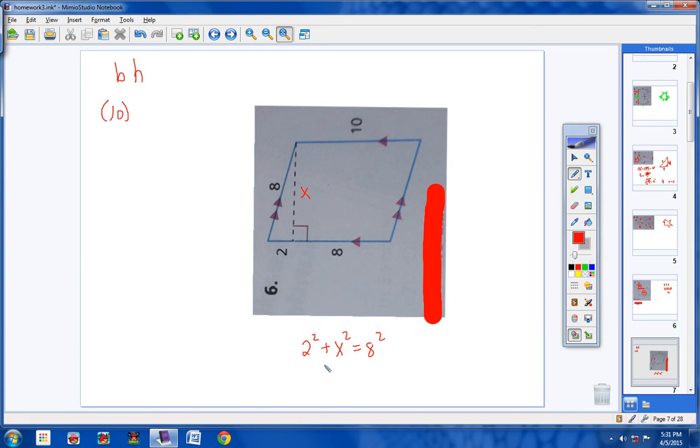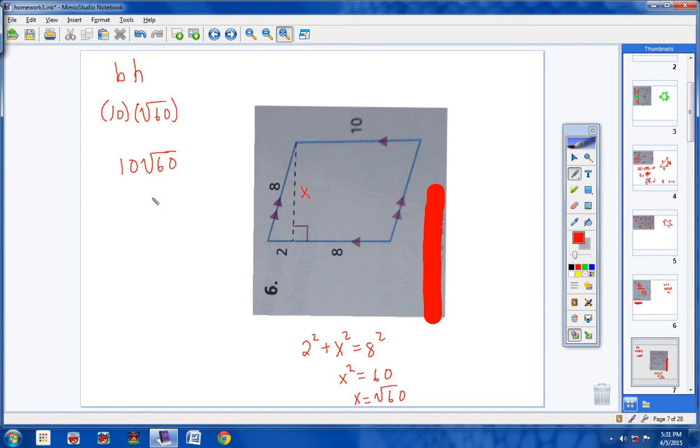So I would get x squared equals 60. Square root of both sides. And we get the square root of 60 for the height. So there we go. 10 times the square root of 60 is 10 square root of 60.